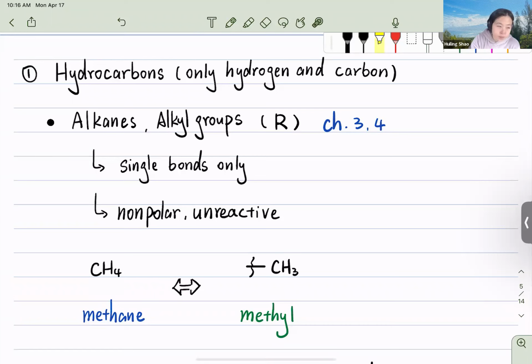The first and the simplest class of the hydrocarbon functional groups are alkanes, or occasionally we also call them alkyl groups. These functional groups are single bonds only. They're nonpolar. They're relatively unreactive.